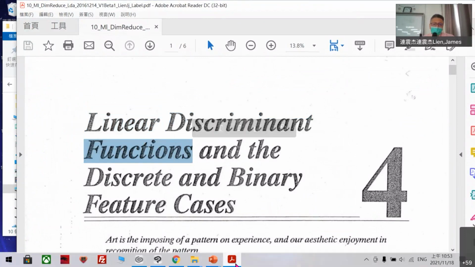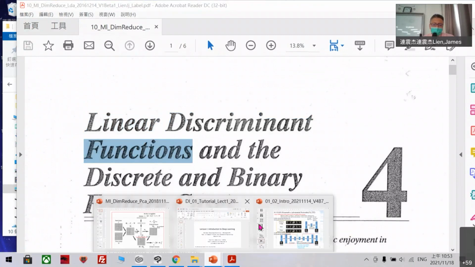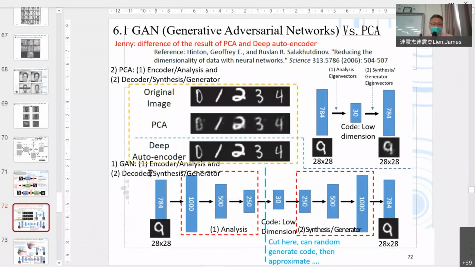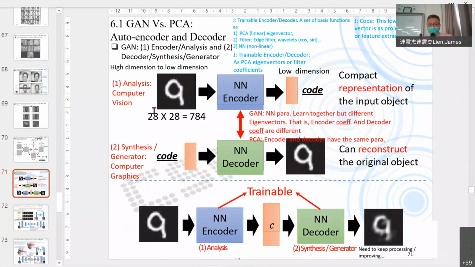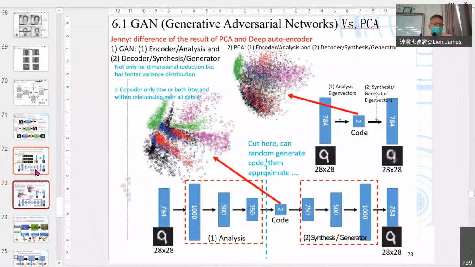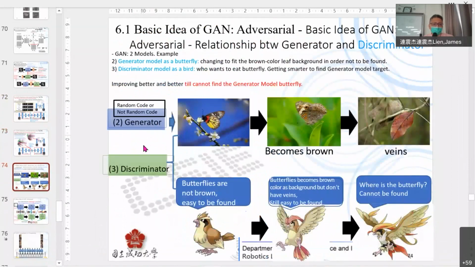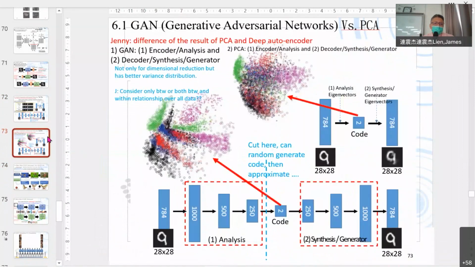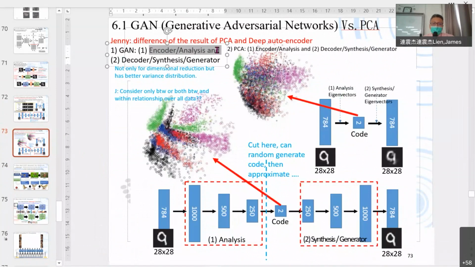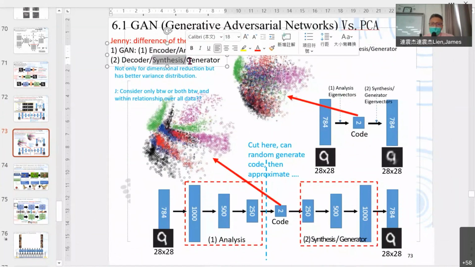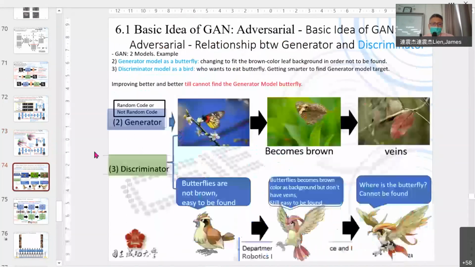In the GAN, I say again, GAN includes the analysis, includes synthesis, this generator, and includes the discriminator.